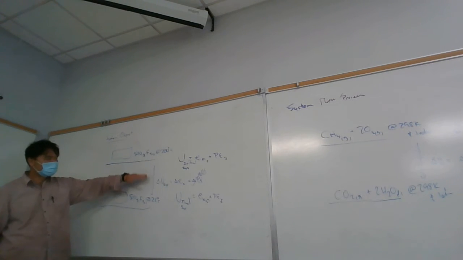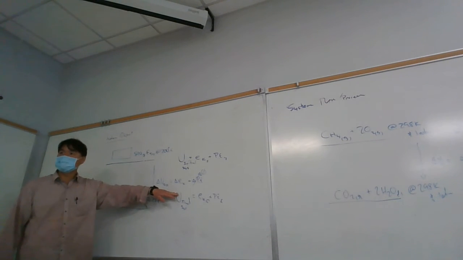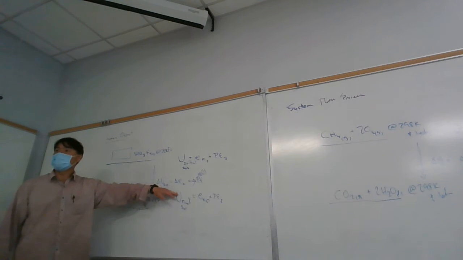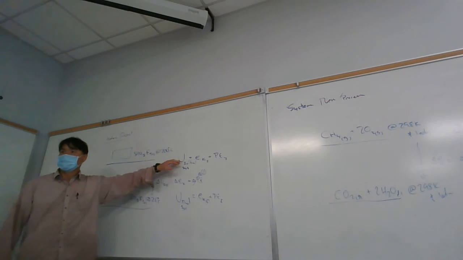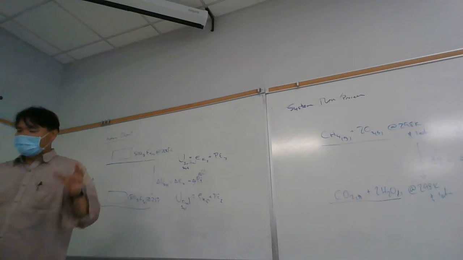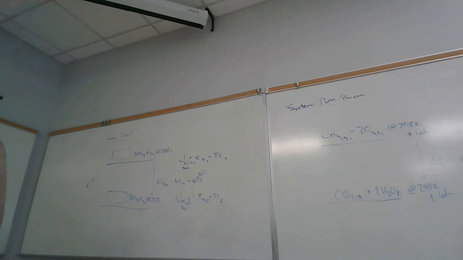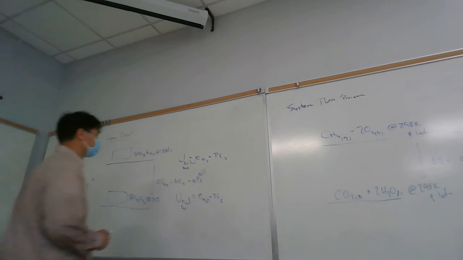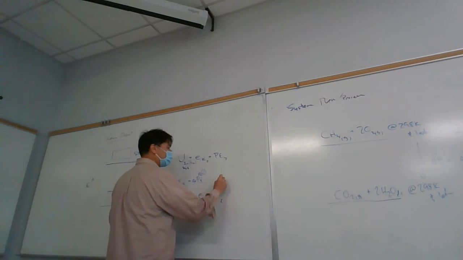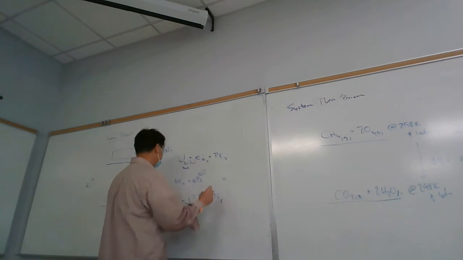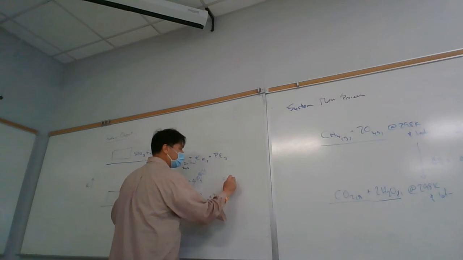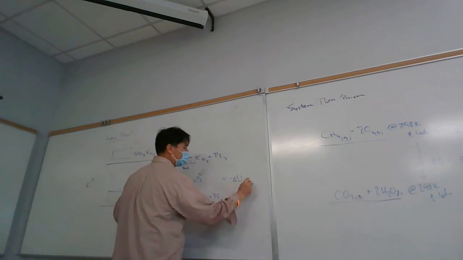And so in this case, the system lost kinetic energy. That means the surroundings had to gain that kinetic energy. In other words, some of that motion was transferred to the surroundings, so the surroundings had to warm up, basically. And so delta U, the system, this is the first law of thermodynamics. First law: delta U, the system is equal to minus delta U for the surroundings.